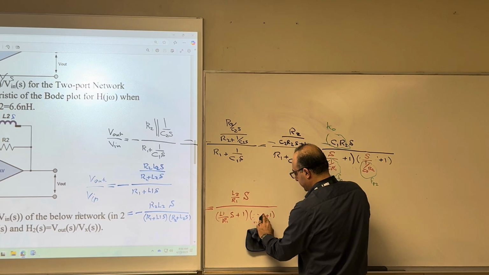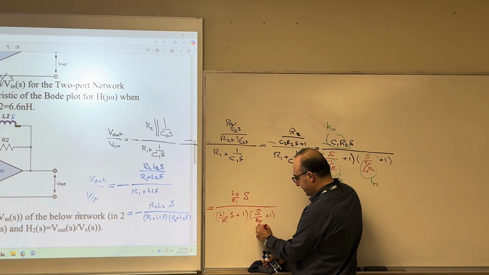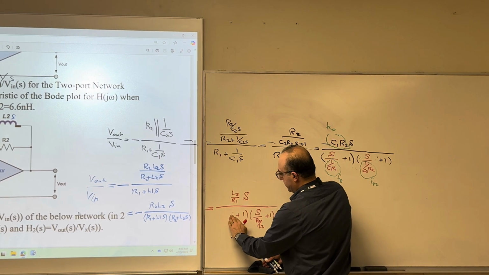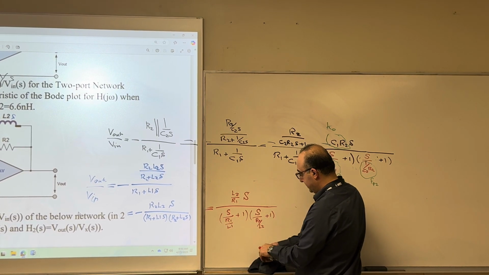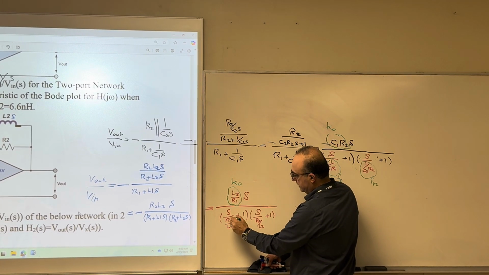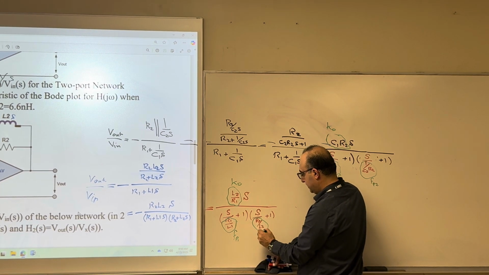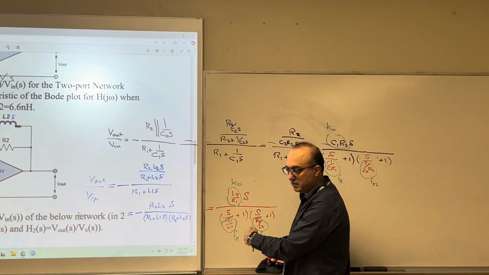If I write it like this, S over R2 over L2, and we do the same thing here, S over R1 over L1, then this is going to be what? Now K0, this is the standard. This is F of P1, F of P2. I don't know which one happened earlier on that plot.